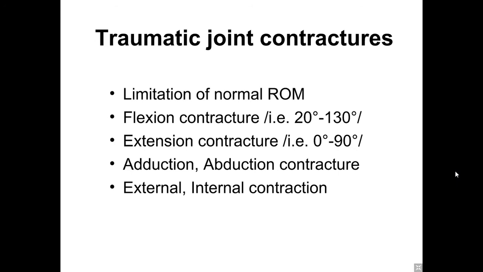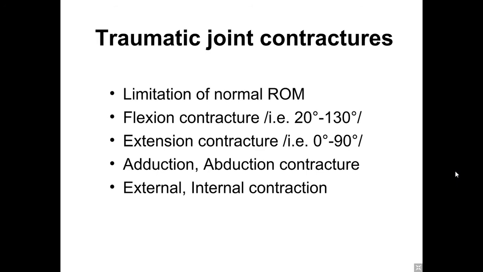How do we describe the contracture? When we say there is a flexion contracture of the knee or in a certain different joint, we mean that the normal range of movement is restricted and the patient could not extend fully his joint. It means it is in a flexion position.